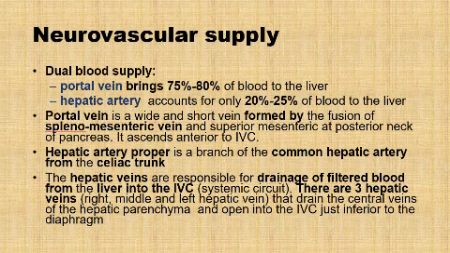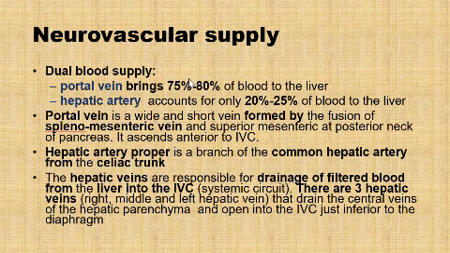Among these three branches, there is the common hepatic artery, which gives us the right gastric artery, which goes to the stomach, and also the gastroduodenal artery, but also the proper hepatic artery. This proper hepatic artery goes to the liver and brings 20 to 25% of the blood into the liver.